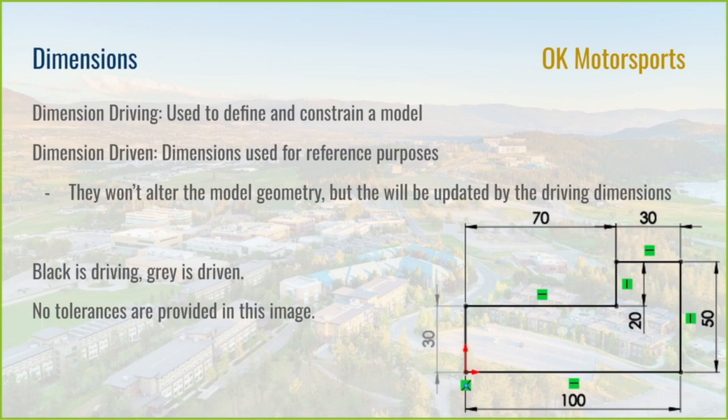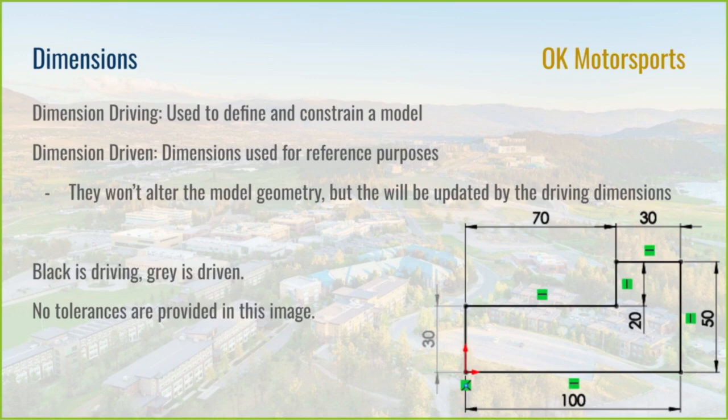So you have driving dimensions and you have driven dimensions. So driving dimensions, if I define it, and for example, like this gray one, this 30, this is a driven, but all the black dimensions are driving.